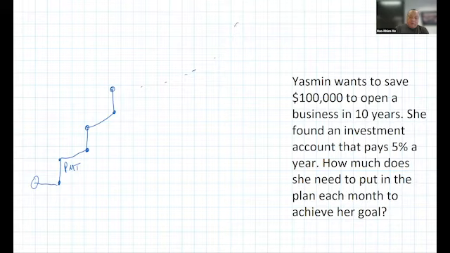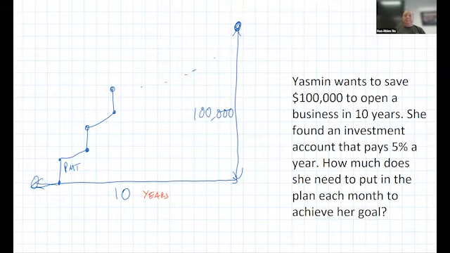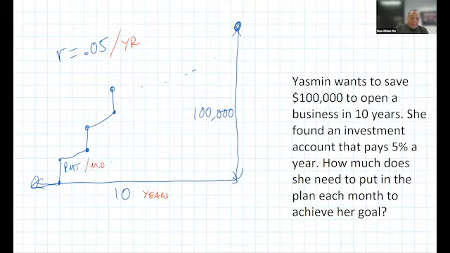And her goal is that in 10 years, she'll have $100,000 in the bank. The interest rate is 5% or 0.05, also per year, but the payment is monthly.